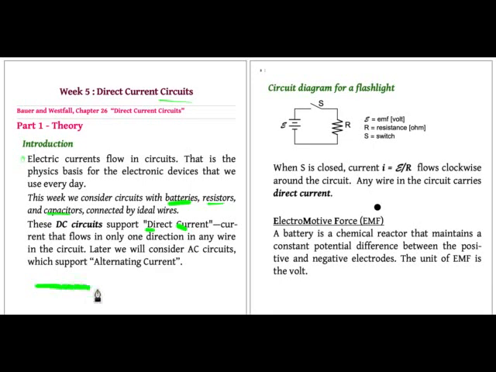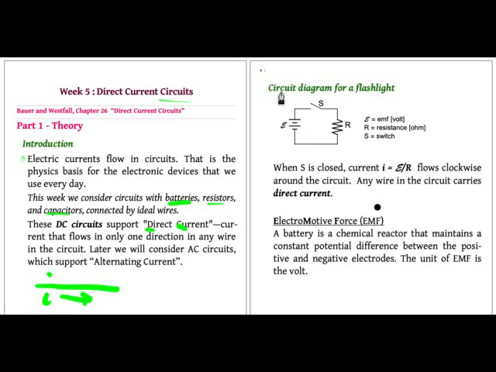So if I have a wire in the circuit carrying a current I, the current will only flow in one direction along that wire. That's different from alternating current circuits, AC circuits, where the current oscillates back and forth along any wire in the circuit. It's alternating, sometimes moving to the right, sometimes moving to the left.